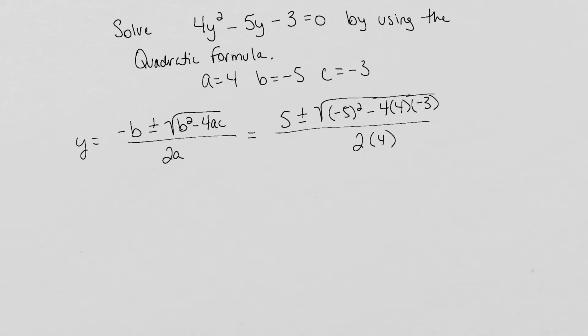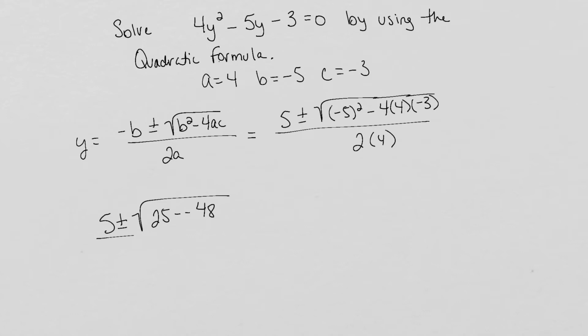All right, so let's simplify some, okay? So we've got 5 plus or minus the square root of 25, let's see here, on my calculator I'm going to type in 4 times -3, and I get -48, so minus -48.